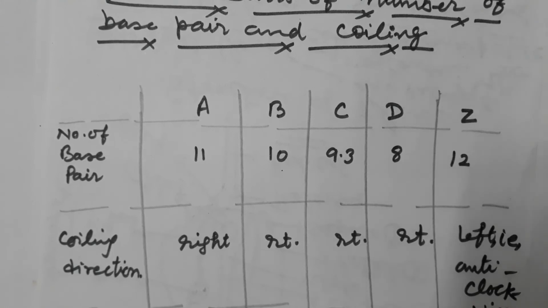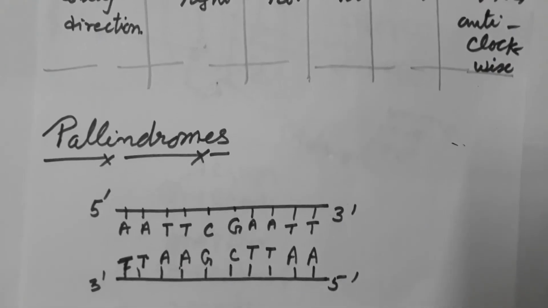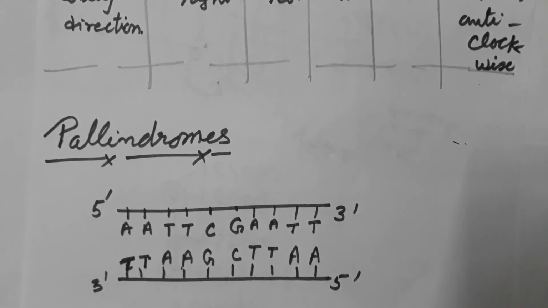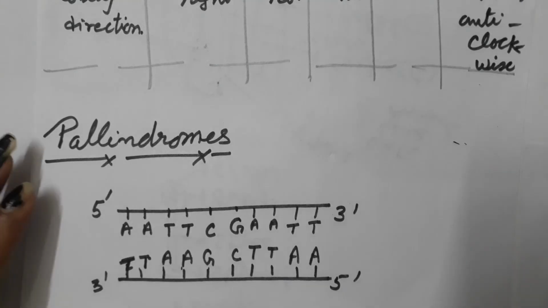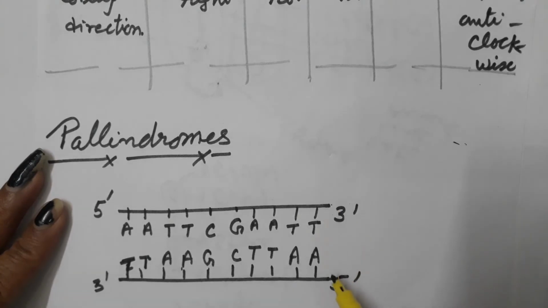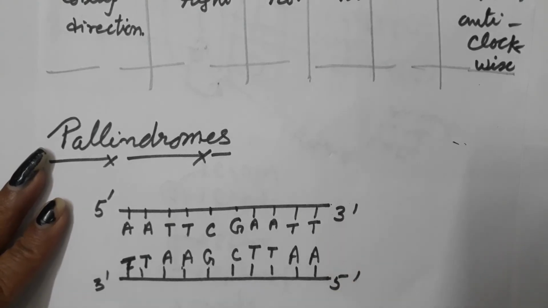One more feature related to DNA we are going to study here. What do you mean by palindromes? Palindromes are sequences of nitrogenous bases on the 2 strands of DNA which we read the same in the same direction.